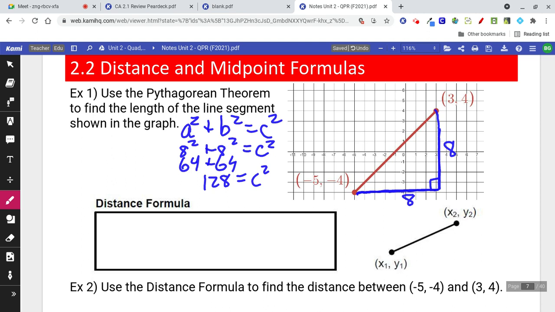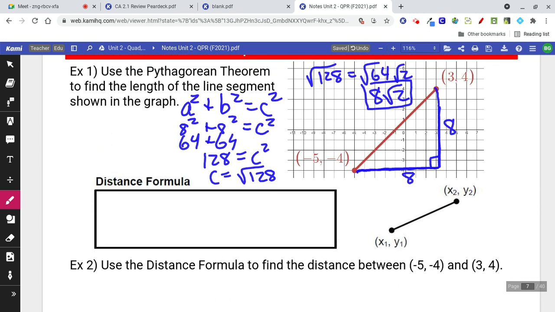So c is going to equal the square root of 128. We can break that down. Square root of 128 equals square root of 64 times square root of 2. That's going to be 8 times the square root of 2. So the length of that hypotenuse is 8 times the square root of 2.